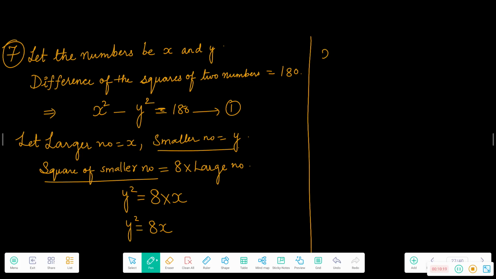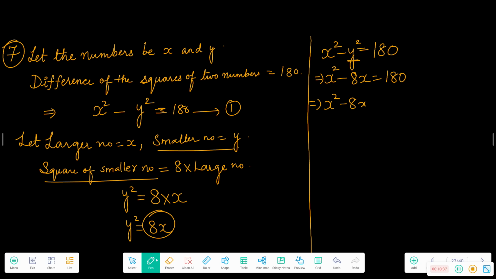So what is given? x square minus y square is equal to 180. We have y square value as 8x, and substituting here, x square minus 8x is equal to 180. So we get x square minus 8x minus 180 is equal to 0. Now we have to take the factors of 180.